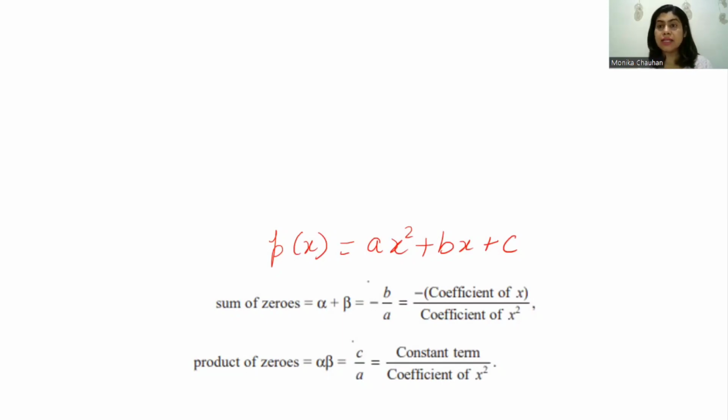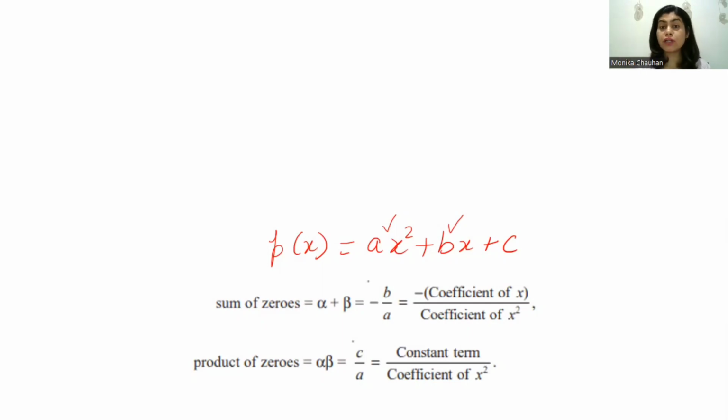We learn it like this, minus b upon a. Now, what do you mean by this minus b upon a? What is b? It is the coefficient of x. What is a? It is the coefficient of x square. Again, remember, very, very important. So, the sum of the zeros is equal to, this is just like the formula you have to remember, minus b upon a.